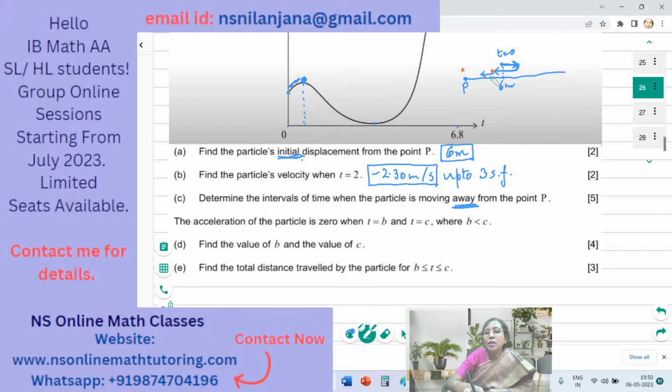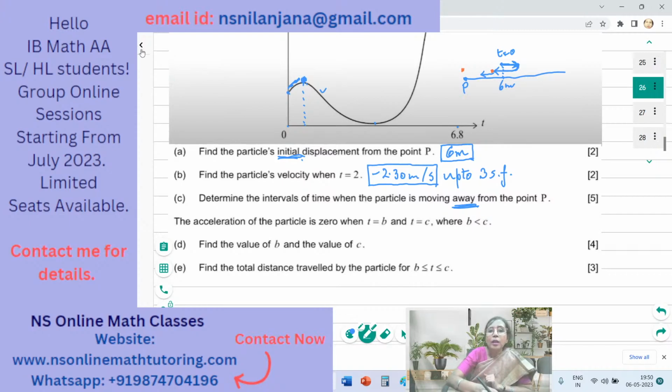The shortest distance, that is the straight line distance between the reference point and the final point, is decreasing as the particle is moving towards the reference point P. That is meant by this graph. How is the displacement increasing when the particle is moving away from the reference point P? And how is the displacement decreasing when the particle is moving towards the reference point P? Okay?